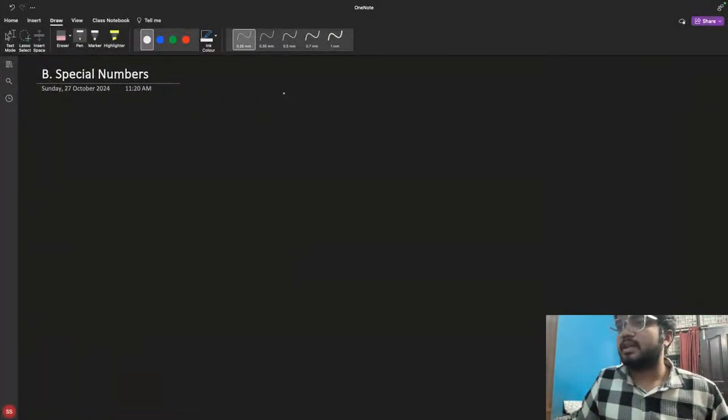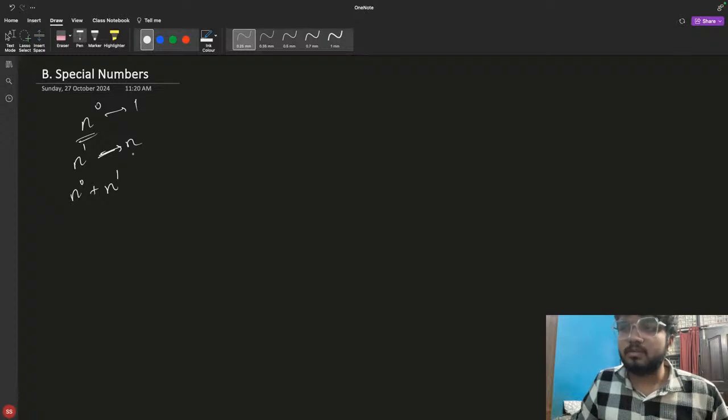So one observation that we have to make here is that the first number will be n raised to the power 0, which will be 1, right? Next will be n. Next will be n raised to the power 0 plus n raised to the power 1, so this will be the third special number.